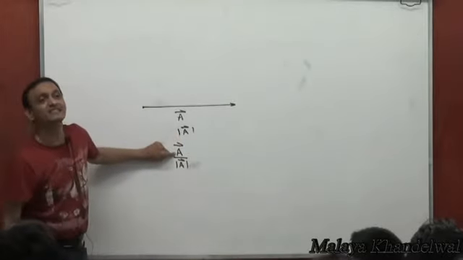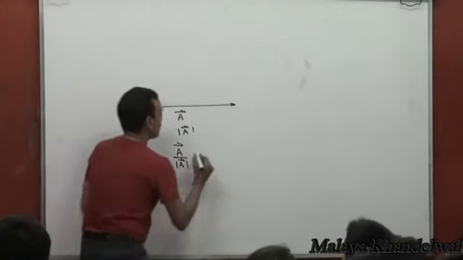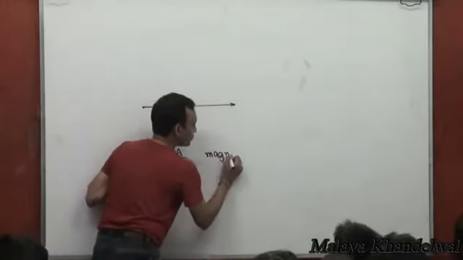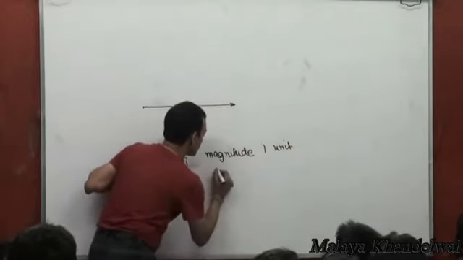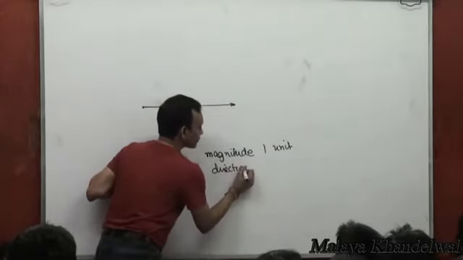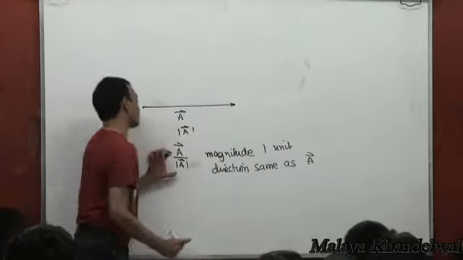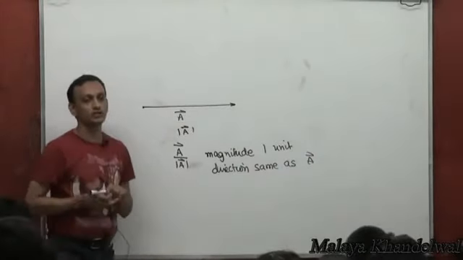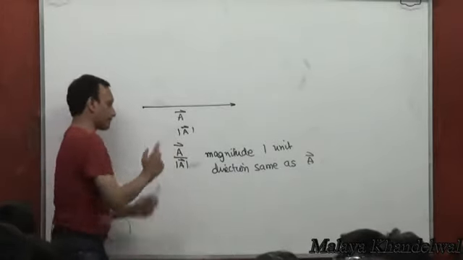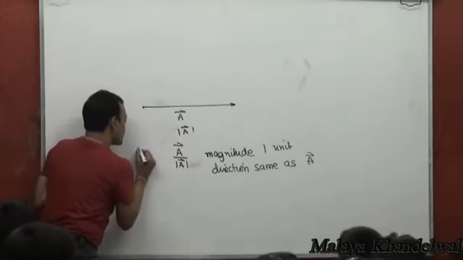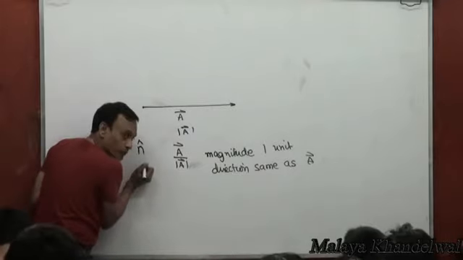having direction same as A. This is a vector of magnitude 1 unit, direction same as A. This is a vector divided by its magnitude, a vector of magnitude 1 unit, having a direction same as the vector A. And this vector could be written as n with a cap, the little hat, on top.